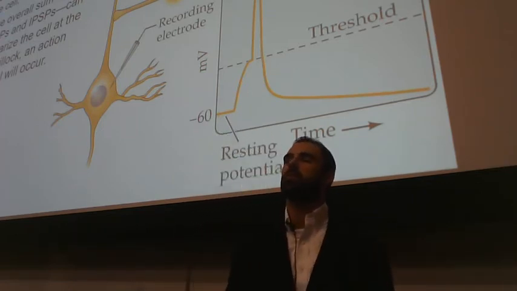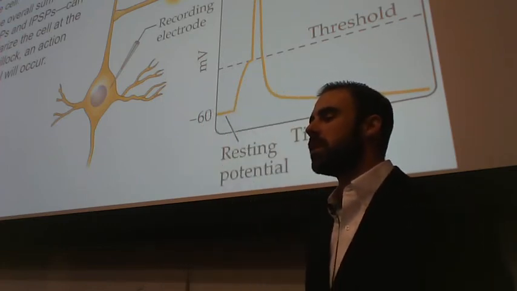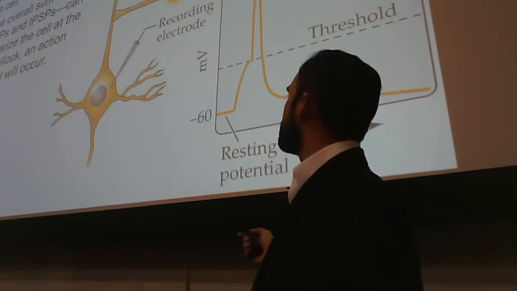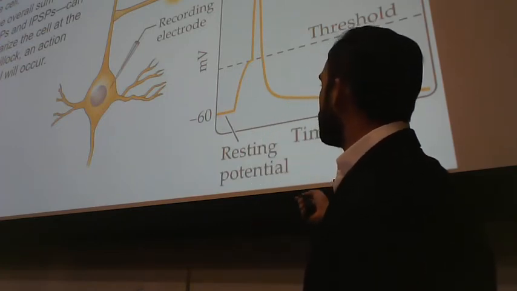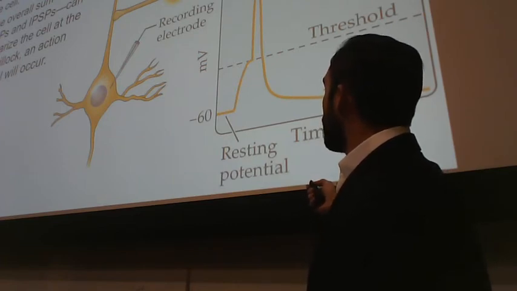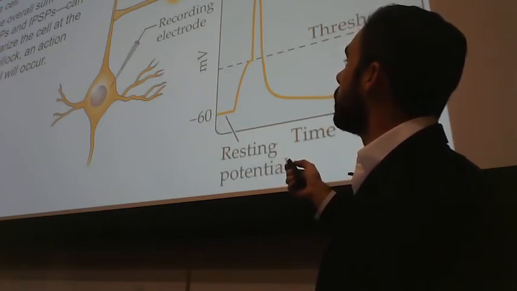We introduced this idea briefly last class. The idea with spatial summation is that we can measure whether the potential of the cell exceeds our threshold for firing an action potential based upon the different inputs.